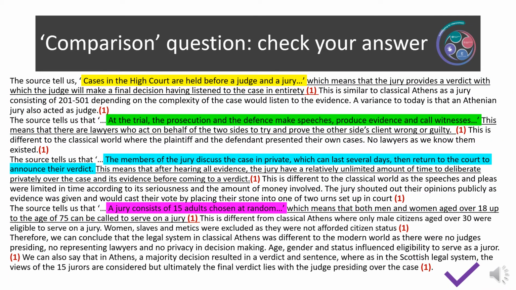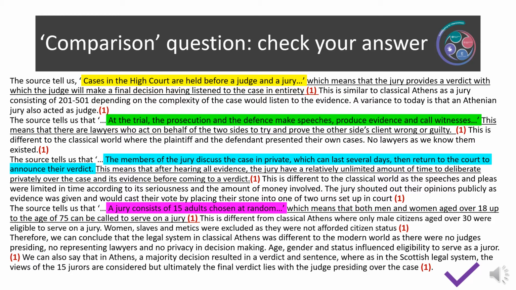Here is an exemplar answer which would gain a candidate full marks. You might have answered slightly different things within your response. Notice that I've highlighted up areas from the source which I have used to construct my response. The source tells us, quote, cases in the High Court are held before a judge and a jury, which means that the jury provides a verdict with which the judge will make a final decision, having listened to the case in entirety.